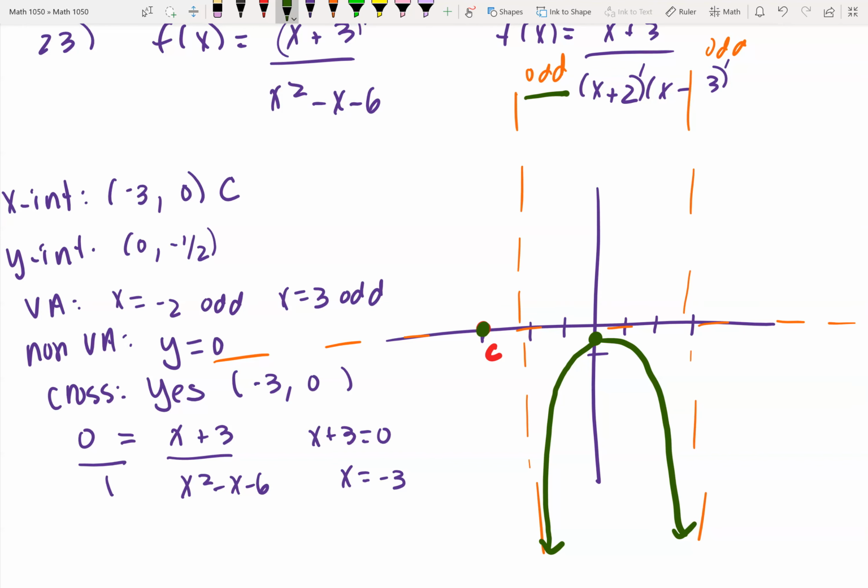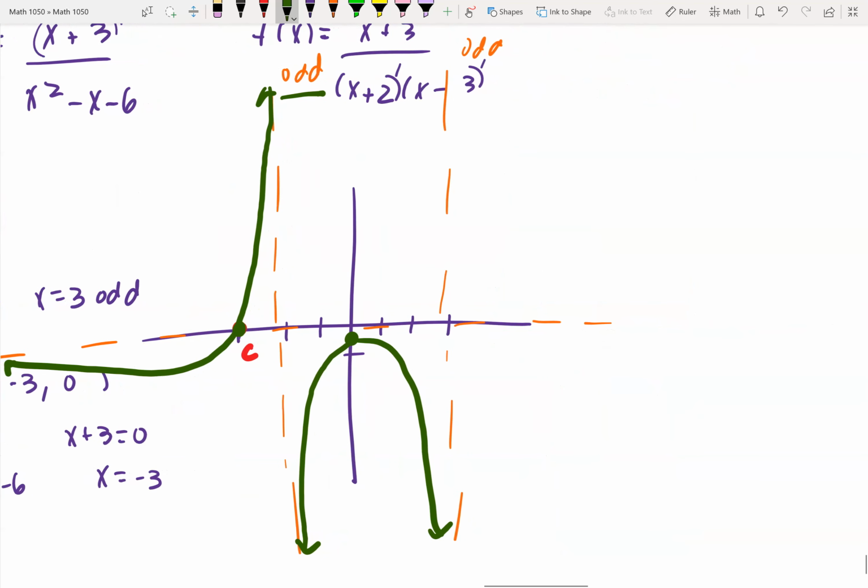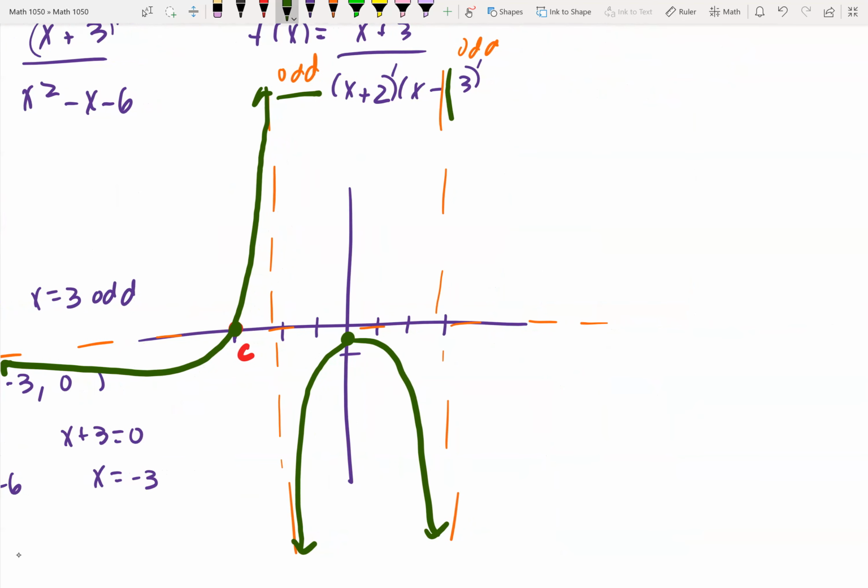This asymptote is odd, and I'm down on the right, so I have to be up on the left. So it goes like this, it's going to come down, peak down a little bit, and come back up. This is down over here, this asymptote is odd, so this guy's got to be up, it's going to come over, and it's going to swing like that.